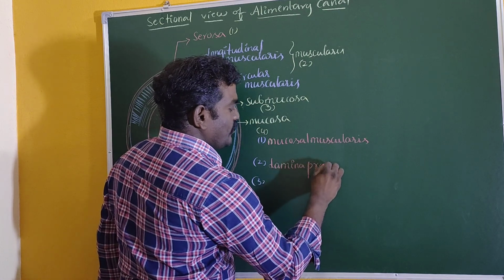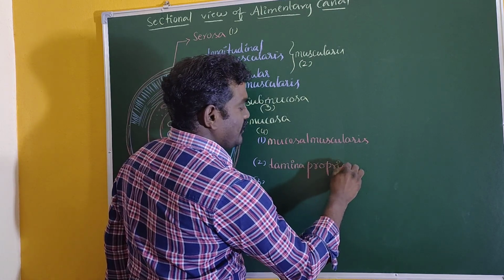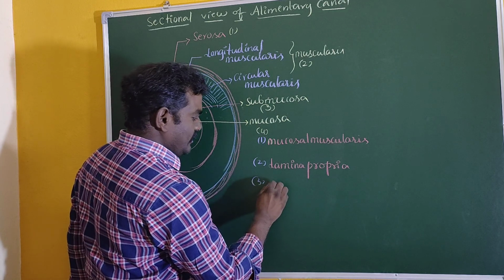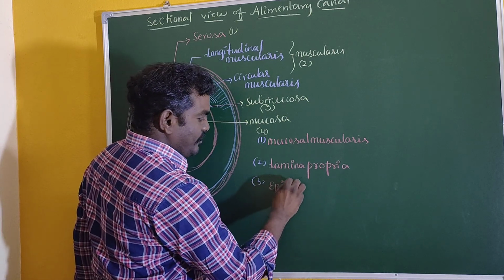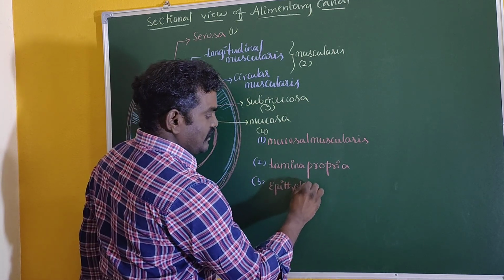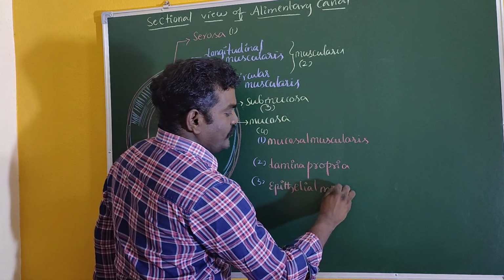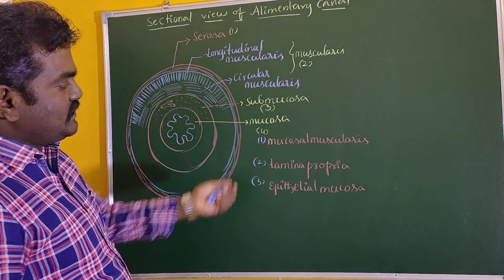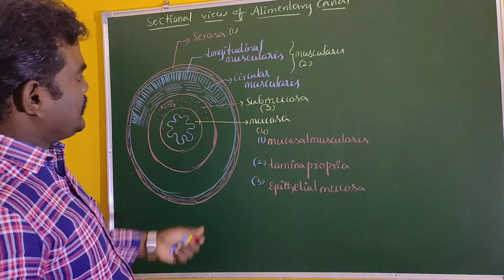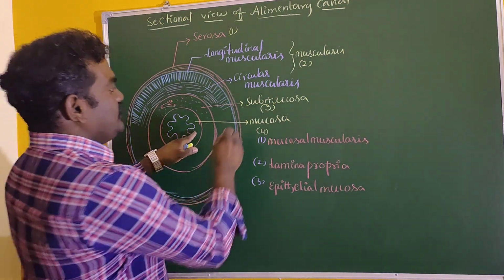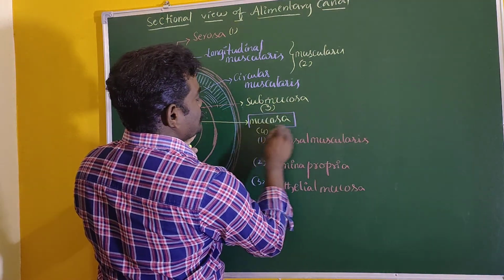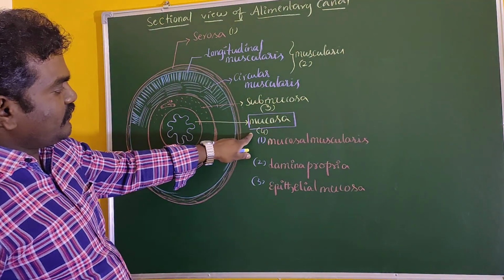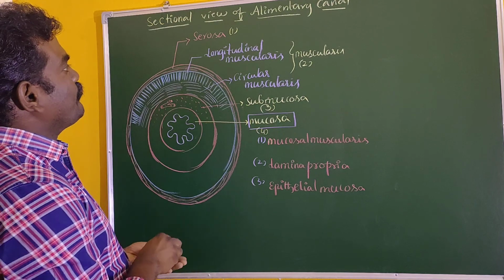Thirdly, epithelial mucosa. These are the 3 layers noticed in the mucosa, the 4th layer of the gut wall.